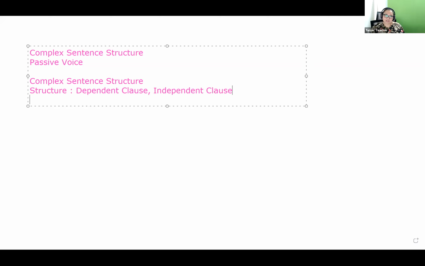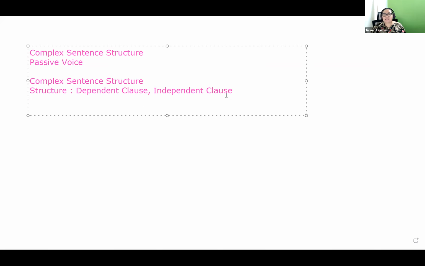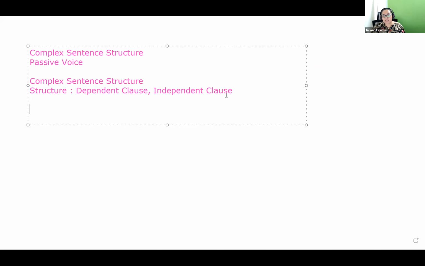Yes, that's correct. So last week we talked about the use of although in our sentence structure. What is the function of this expression? Opposite ideas. Correct. So it shows opposite ideas.